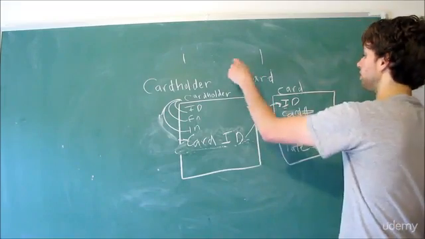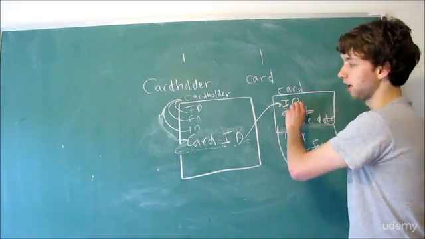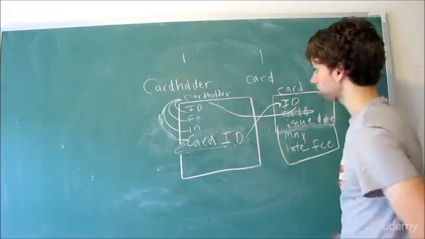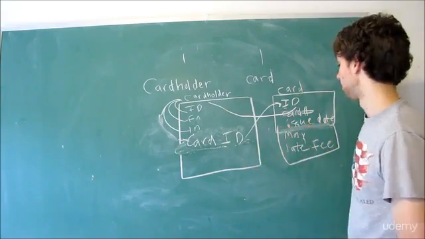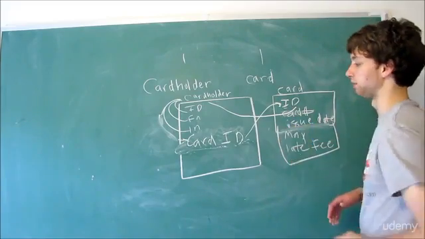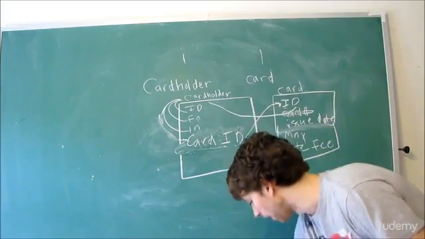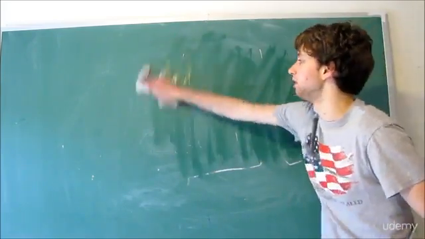This is a one-to-one relationship over multiple tables. Just like this card has a connection to the card holder, there's a one-to-one connection over multiple tables. The reason we did this is so we could store more information about the card. Because if we stored it all in one table, we would have bad database design. And I'll show you why in just a second.